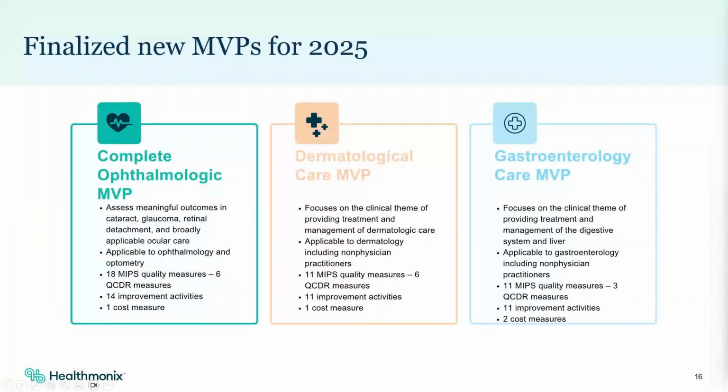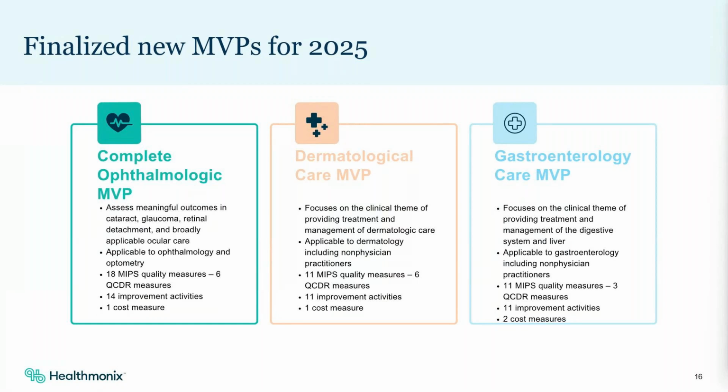So for 2025, it is the introduction of the MVPs that you see here on the screen. So 2025, they added 6 new MVPs. That includes one for ophthalmology, dermatology, and gastro.